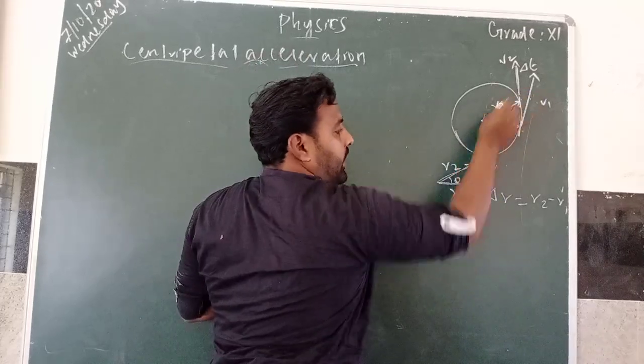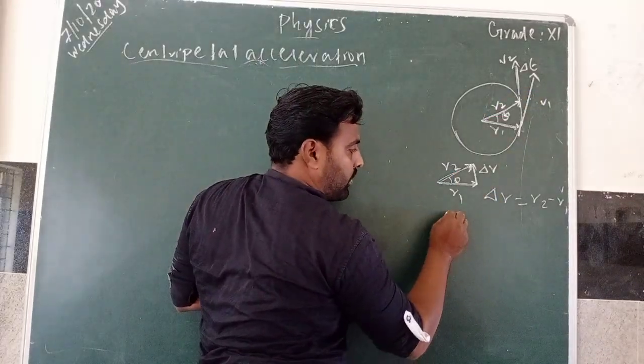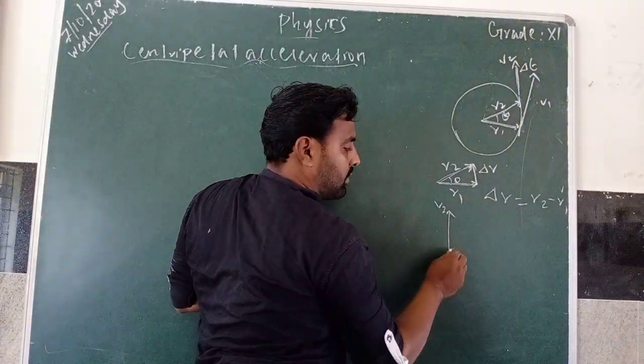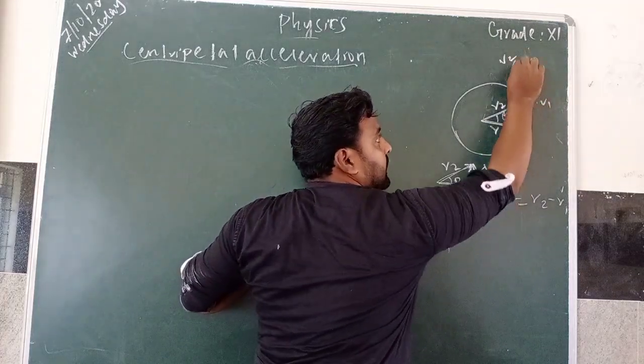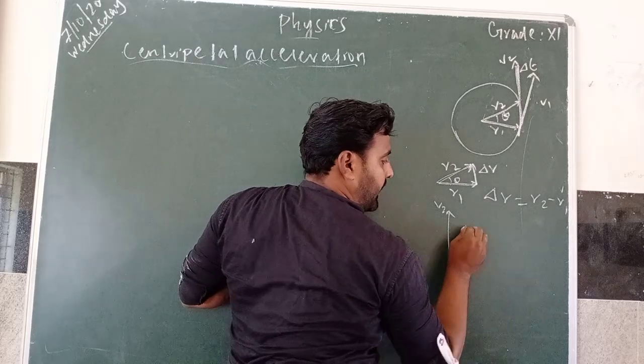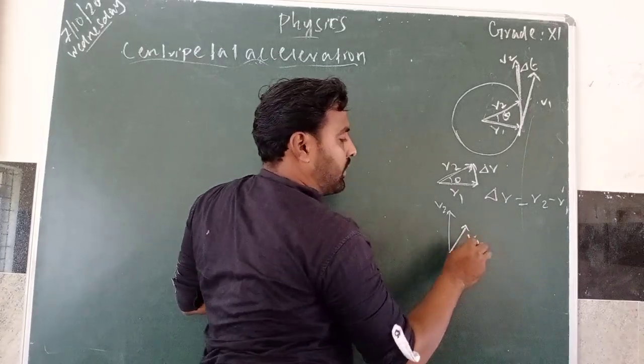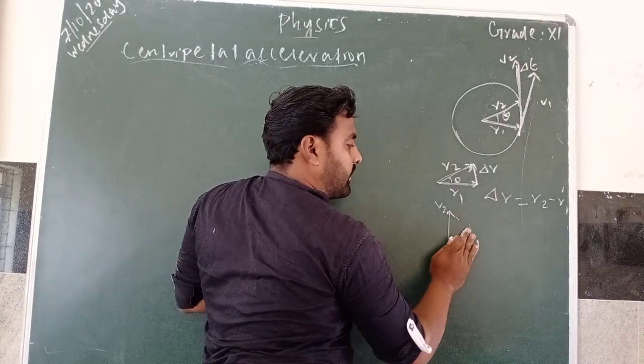In the same way, you see, this is V1, this is V2, and like this is the V1 resultant.